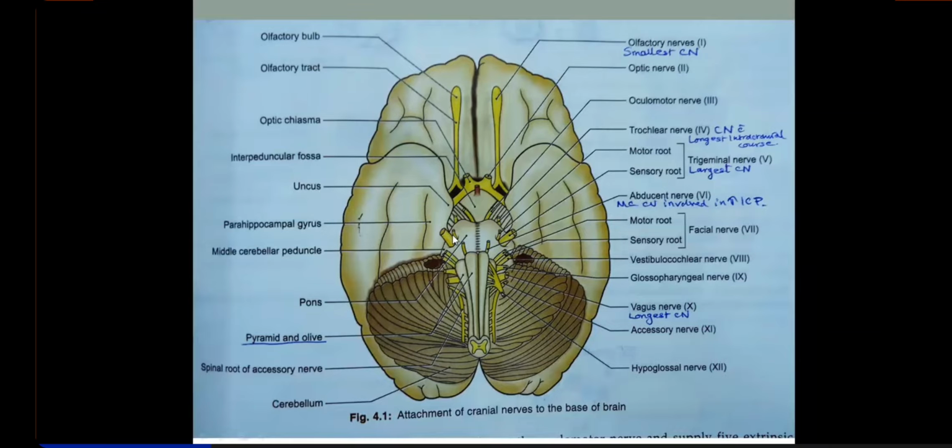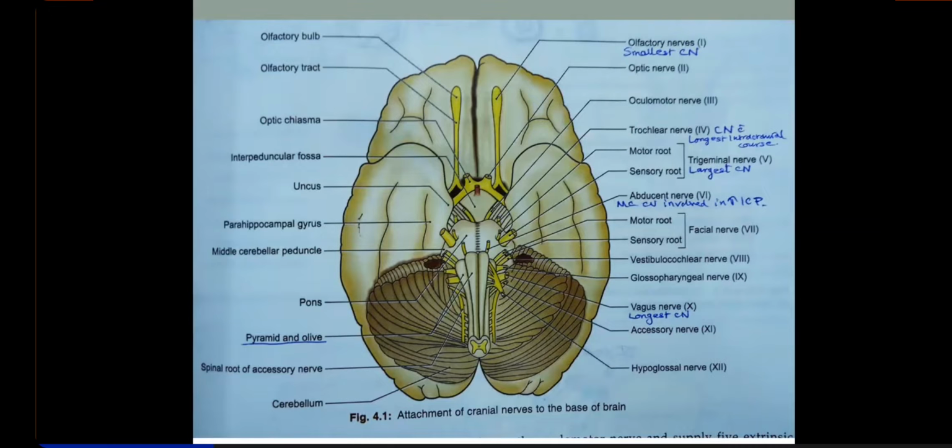So on the left side, the nerve which emerges will be coming from the right nucleus, and the right trochlear nerve, on the side you're seeing, will be emerging out from the left trochlear nerve nucleus.